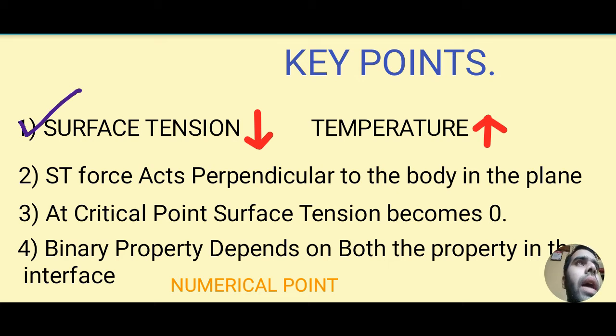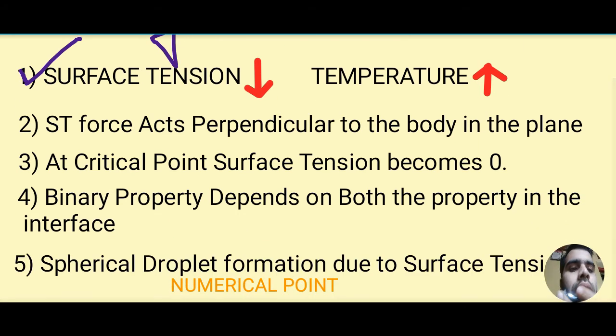As you go to higher temperature, the value of the surface tension, that is sigma, decreases and the force also decreases. The second point I have already said: surface tension force acts perpendicular to the body in the plane of the liquid membrane.